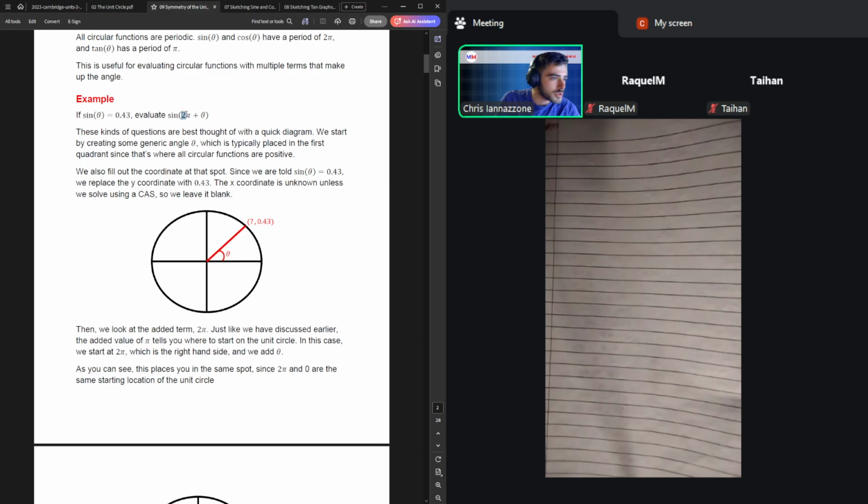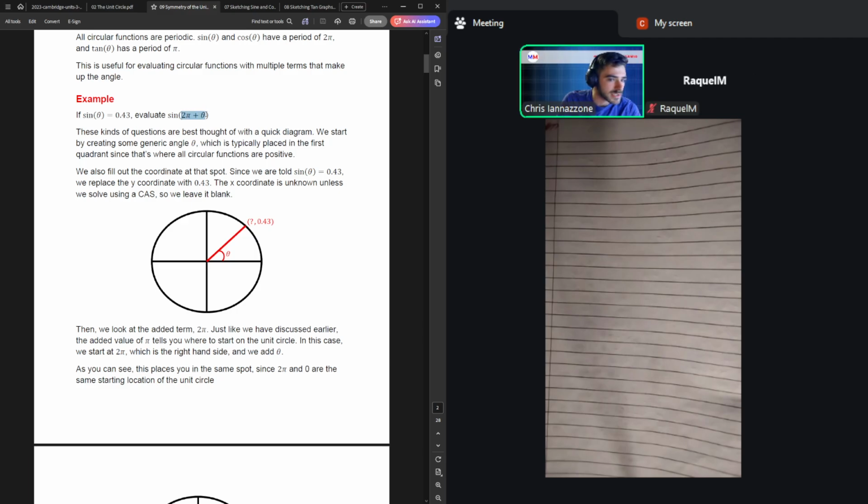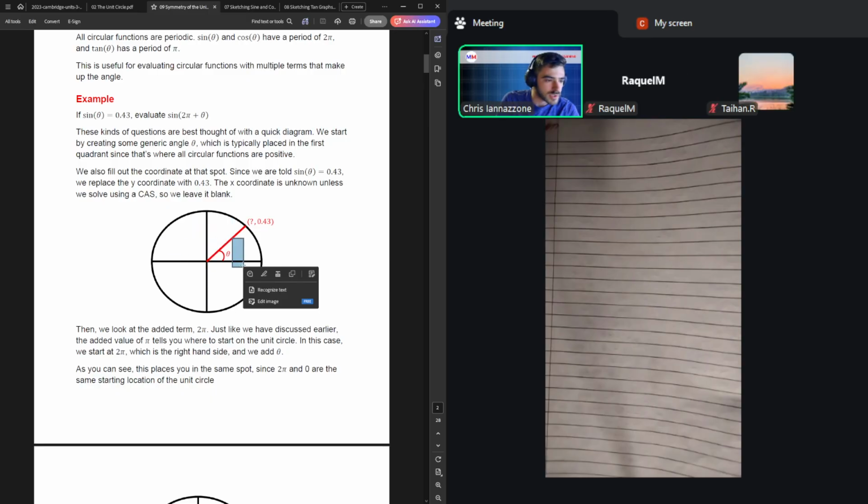Now, when you add something or subtract something from theta, what you're essentially doing is starting at some angle and then continuing on in either the clockwise or anti-clockwise direction, based on if you're doing plus or minus, and then seeing where you end up.